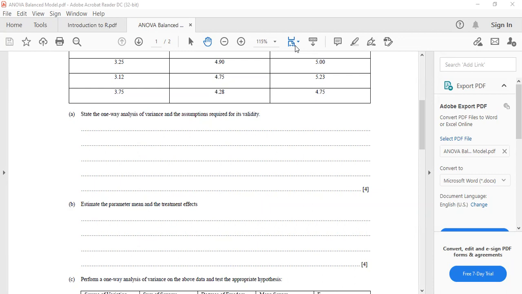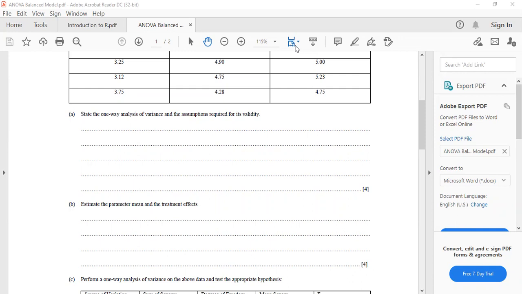Do you get it? And when you're writing your tau 1, you should write tau 1 hat. If you miss that hat, it means that you're saying it's a true parameter. But what we are saying is it's an estimate of a population. So you need to say tau i hat. That's how you should write.